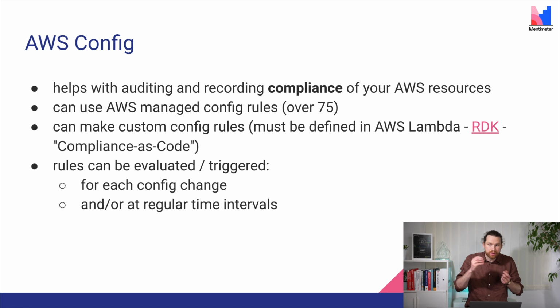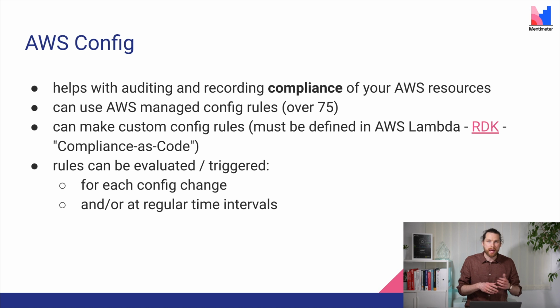You kind of need to define what is compliant and what is not compliant. To do so, you can either choose from one of the AWS managed config rules, or you can define your own rules using RDK, the Rule Development Kit, basically an AWS Lambda in the background that can check a resource configuration and decide if that configuration is compliant or not.